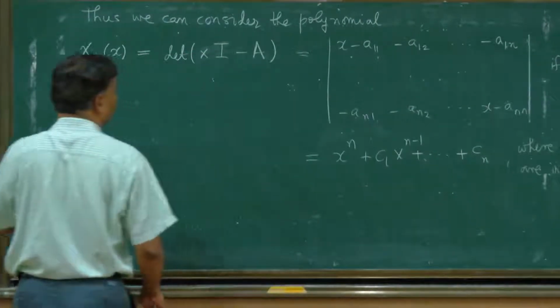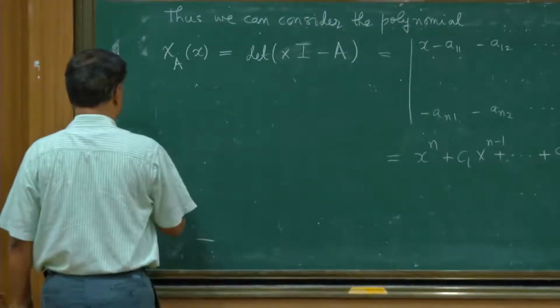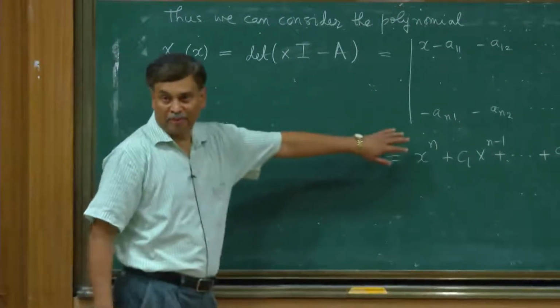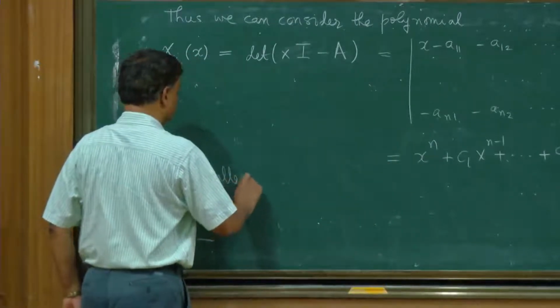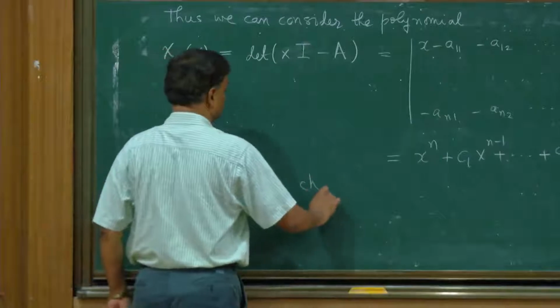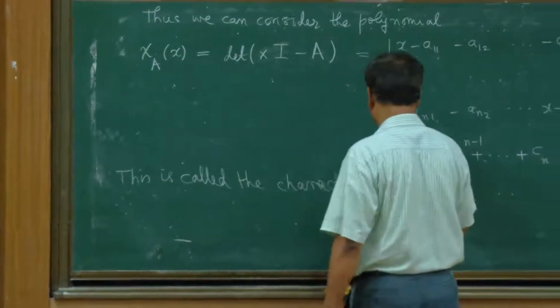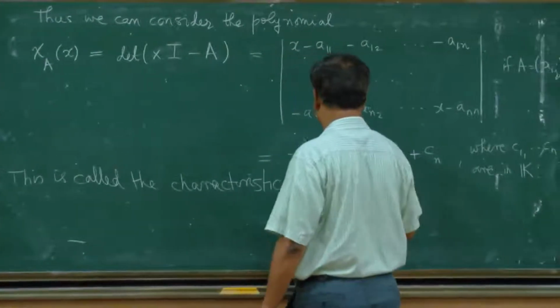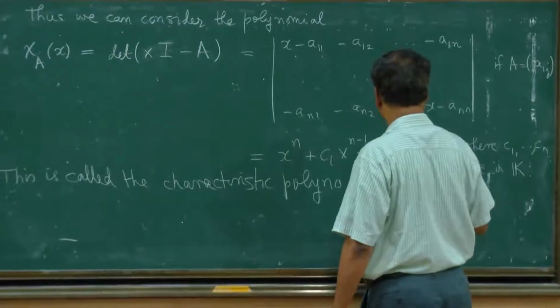This is a monic polynomial of degree equal to the size of the matrix. It is called the characteristic polynomial of A.